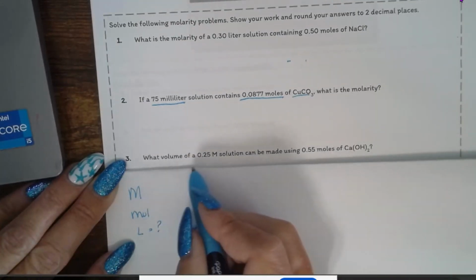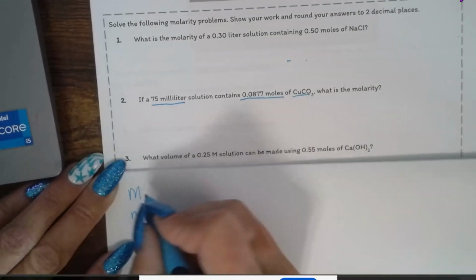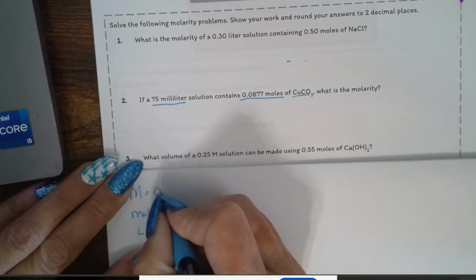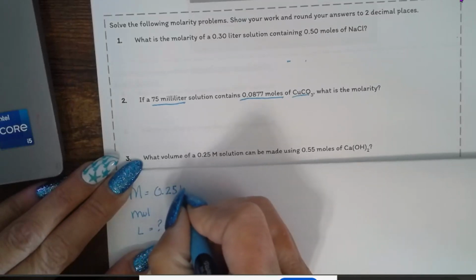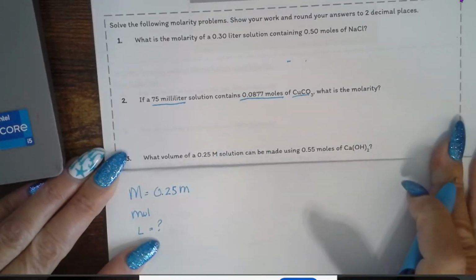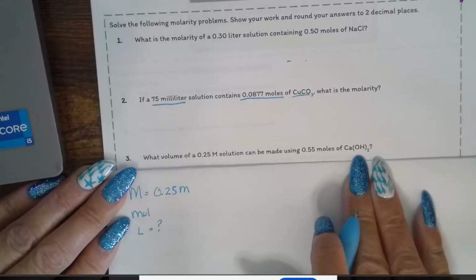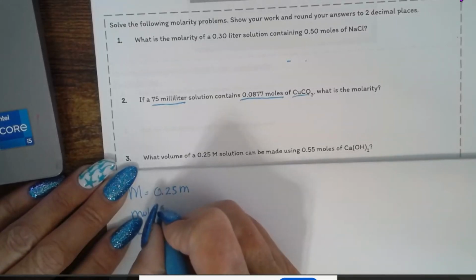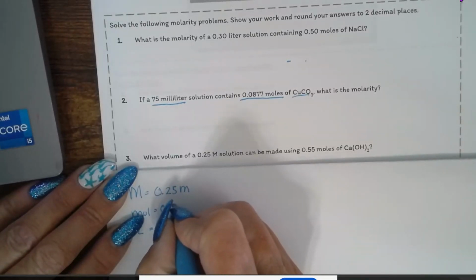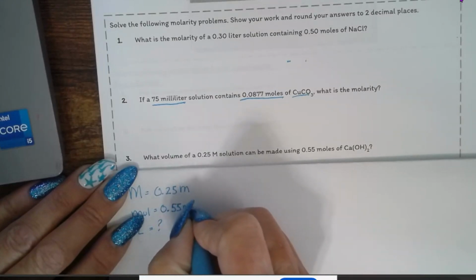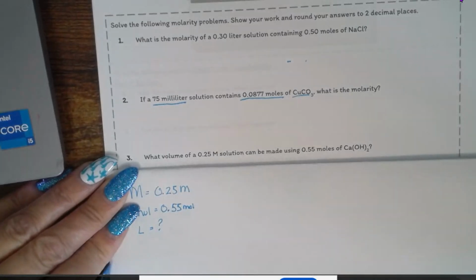Would a 0.25 molar solution, so that's big M, can be made using 0.55 moles of calcium hydroxide. So it gives me my moles again, 0.55 moles.